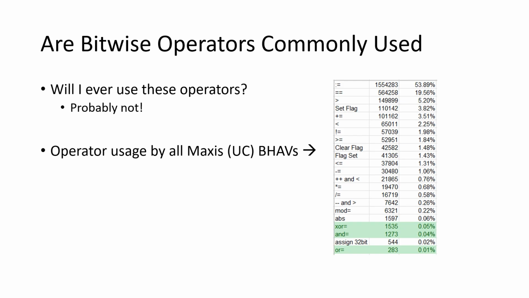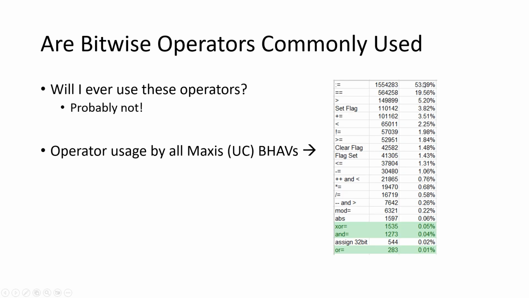I actually went through every single bhav within the Maxis Ultimate collection code to find out how often the operators were used. And if we look at things like assignment, they are used 1.5 million times for almost 54% of the uses of operators.